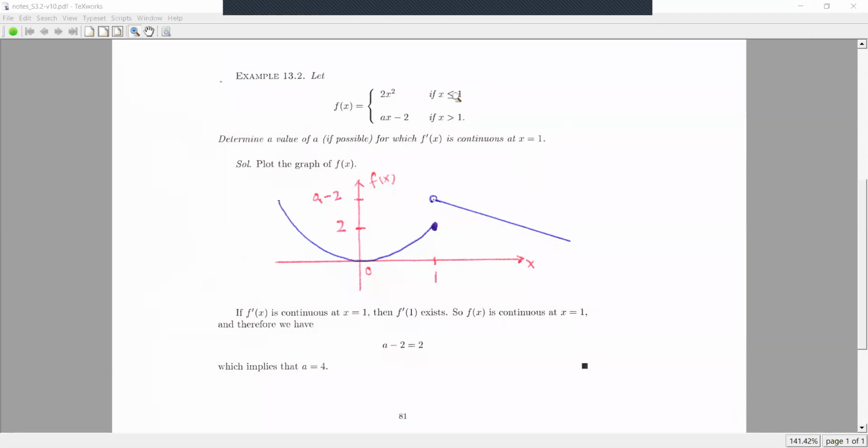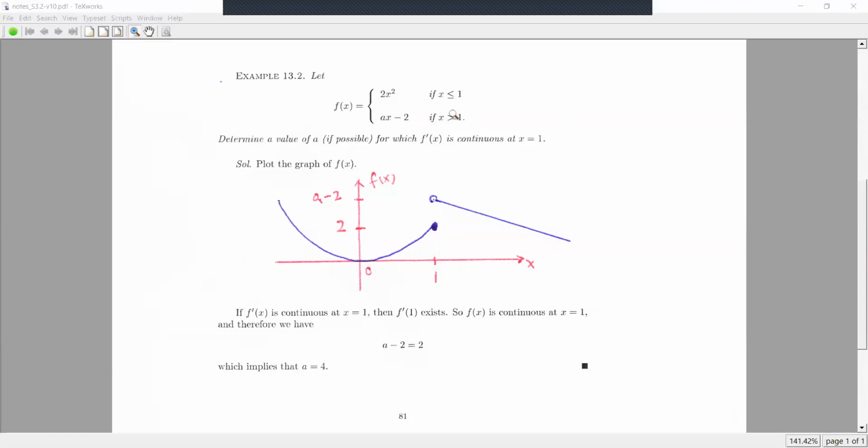On the left side of the point 1, the graph of f is the graph of 2x squared. The graph of this function is this parabola. If x is 1, the function value is 2 times 1 squared. So I put a solid point here. The height of this solid point is 2. Height is function value. It is 2.